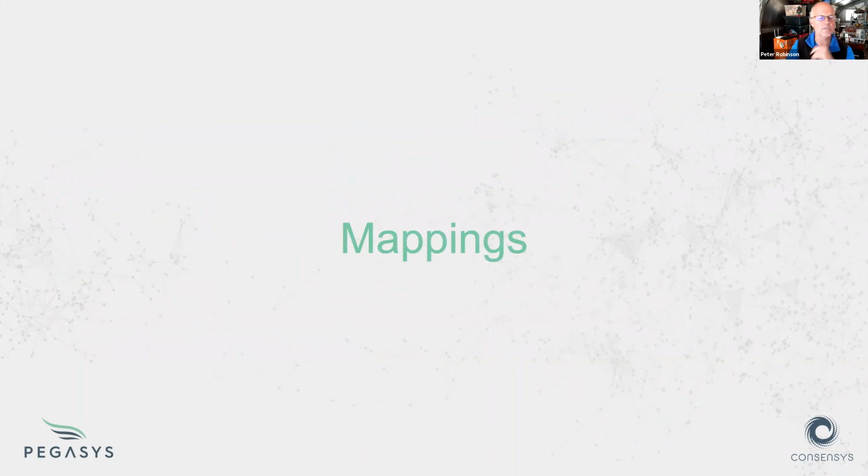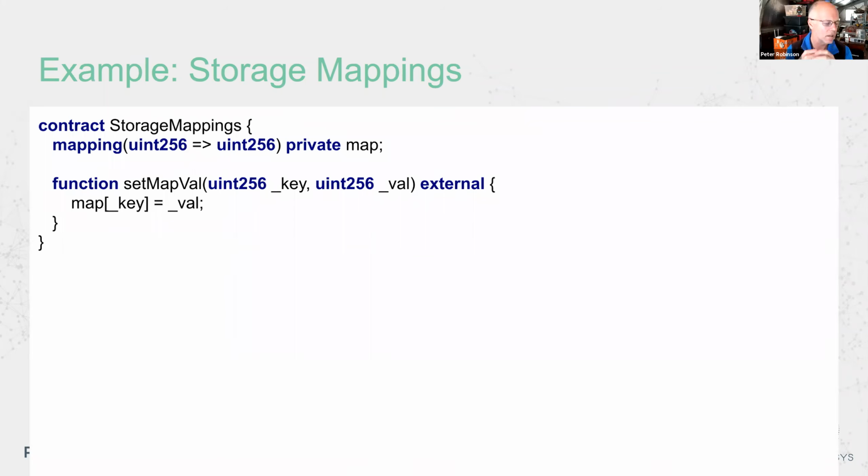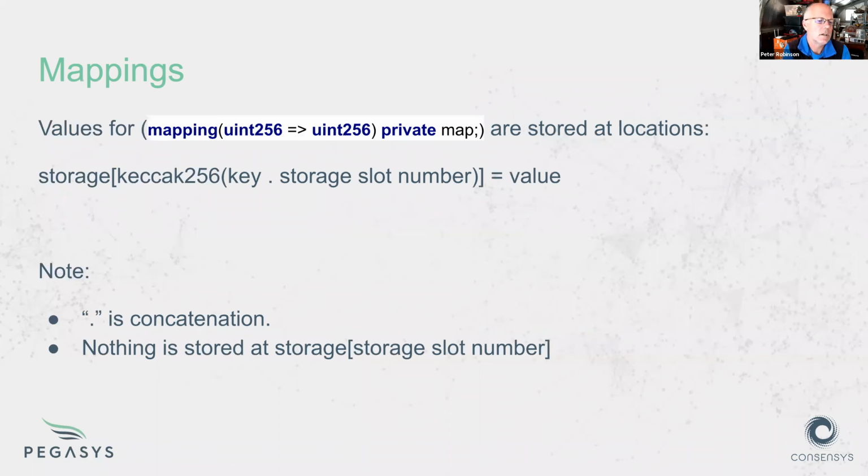Mappings are a way of mapping between one type and another type in a sort of key value store, where the value can be arbitrarily complicated. For mappings, you have the key and the storage slot number, concatenated together.